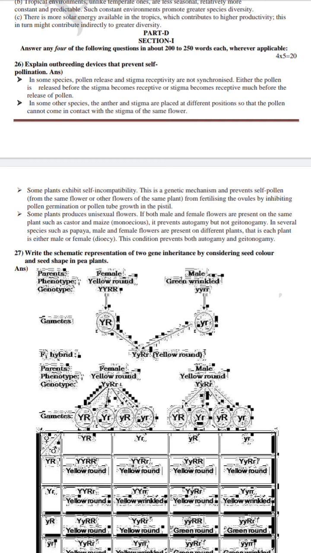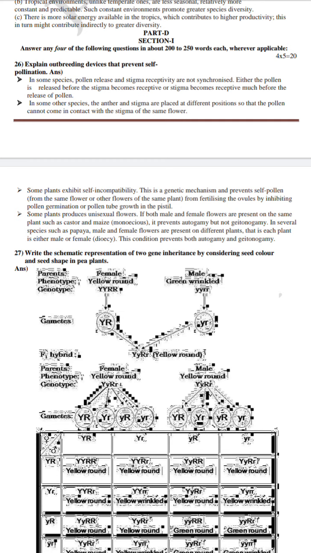Part D comprises two sections, section 1 and section 2. Understand? From section 1 you have to answer 4 questions. Then each question should be composed of 200 to 250 words wherever applicable.